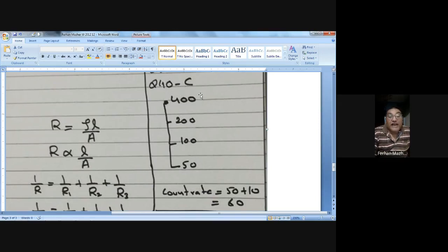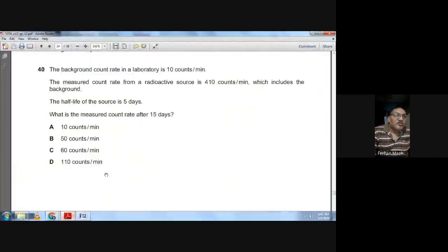There are 3 half-lives, 15 divided by 5. After 1 half-life the rate is 200, after another it is 100, and after another it is 50. The count rate has dropped from 400 to 50. The reading on the instrument is 50 plus the background, so 60 is the answer. The choice is C, 60 counts per minute.